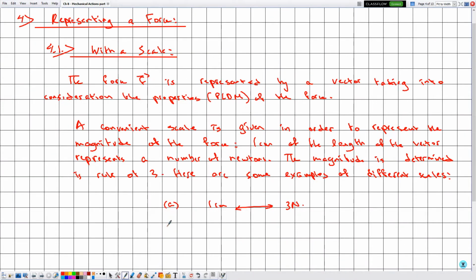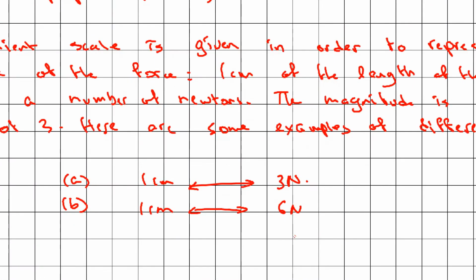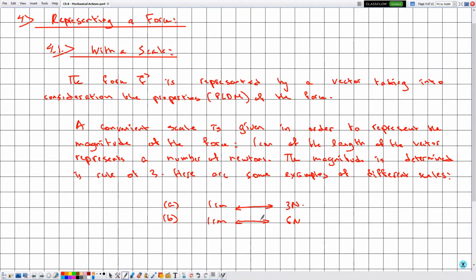Now another scale given by B, for example, another example. So 1 centimeter corresponding to 6 newtons. As you can see that this must be always fixed to 1 centimeter. We are allowed to change the magnitude, which makes the scale a convenient scale from problem to another depending on the magnitude of the forces that we are representing.